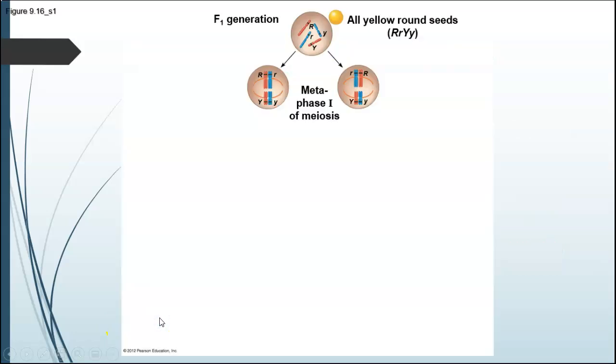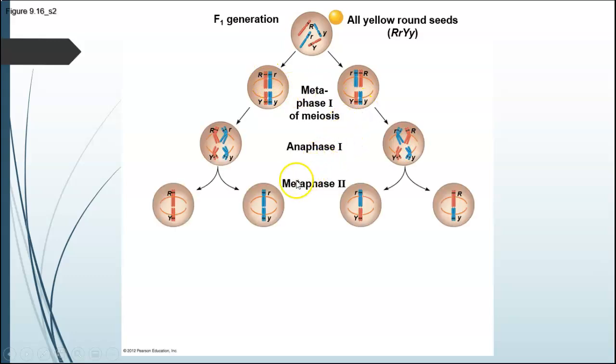So here we have our F1 generation. Here's our pea plant that has all yellow and round seeds, heterozygous for those two traits, okay? In metaphase 1 of meiosis, remember those tetrads line up together, and any combination of those can happen, okay? And then in anaphase 1, when the homologous chromosomes separate, you may end up with one that has both parent alleles and one or ones that are mixed up, okay?